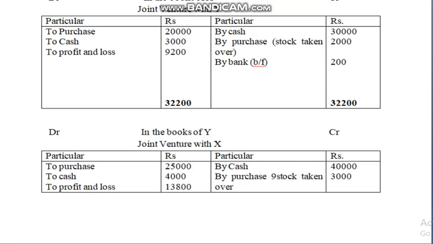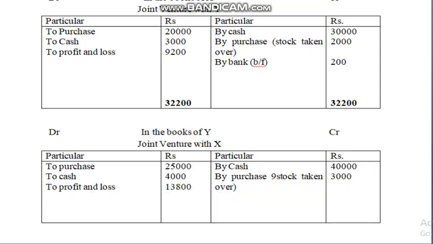Now make the balance of this Y account. Here the credit side is more than the debit side. So 43,000 on both sides. The balance figure will be 43,000 minus 25,000 minus 4,000 minus 13,800. So 200 is the balancing figure.